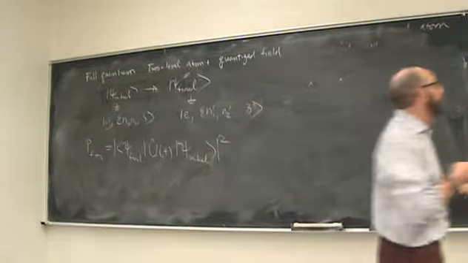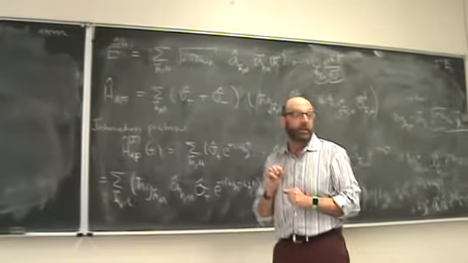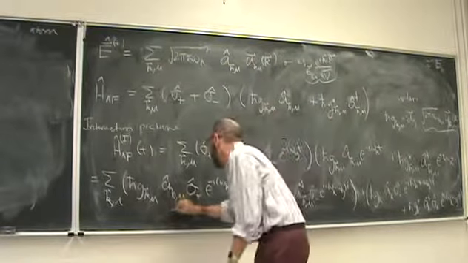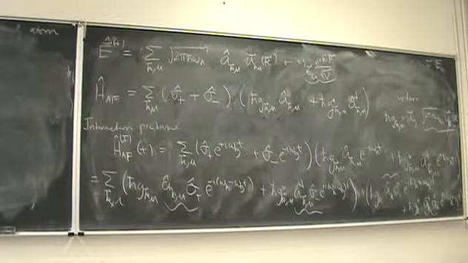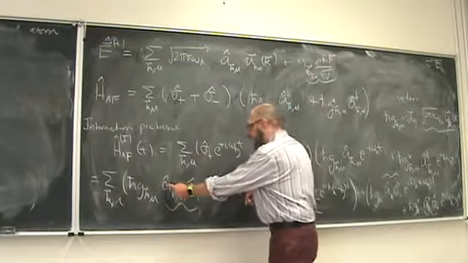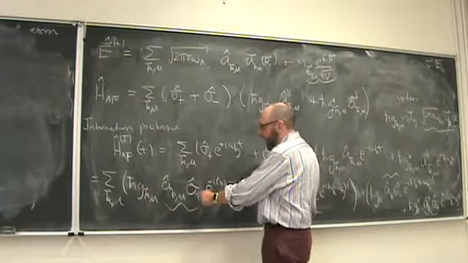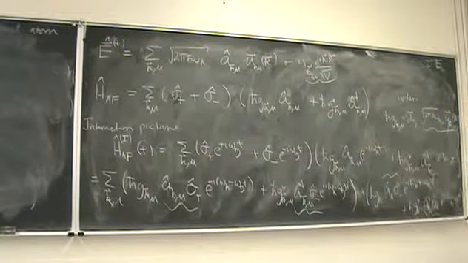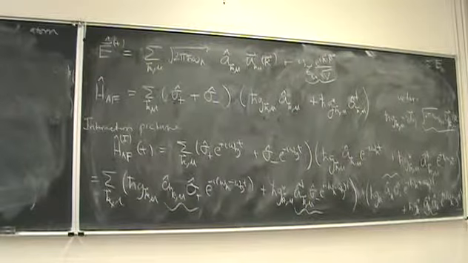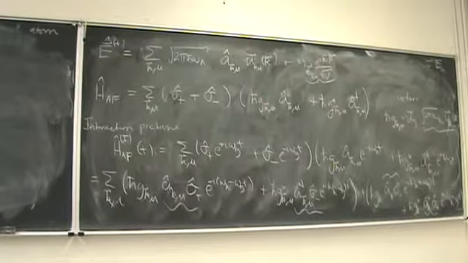What we see is that the Hamiltonian, not the unitary, has pieces in it that annihilate or create photons and take the atom from the ground state to the excited state, or from the excited state to the ground state. Those pieces of the Hamiltonian are what we call elementary processes.